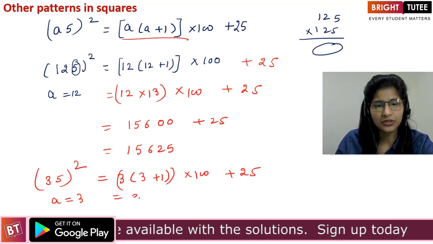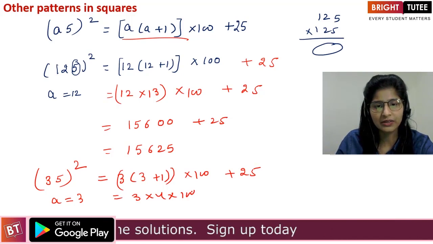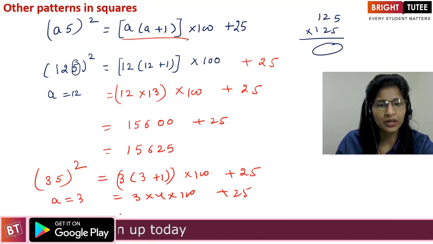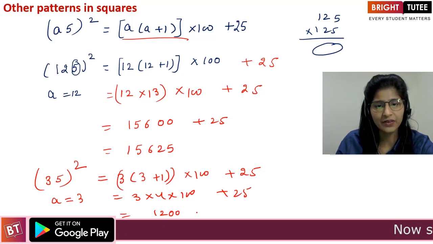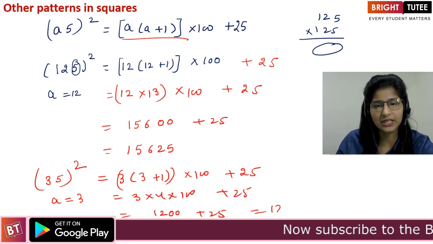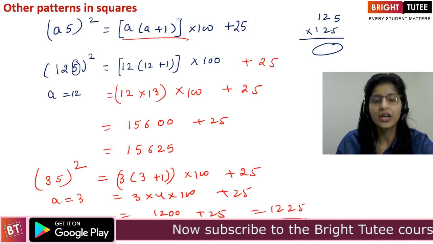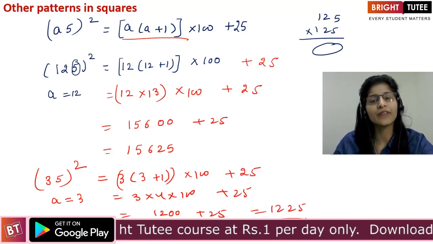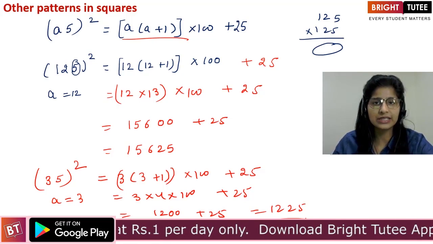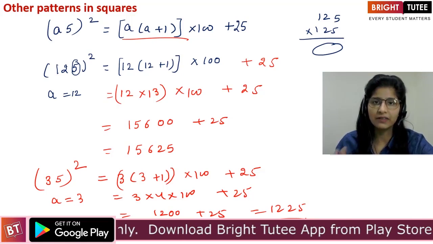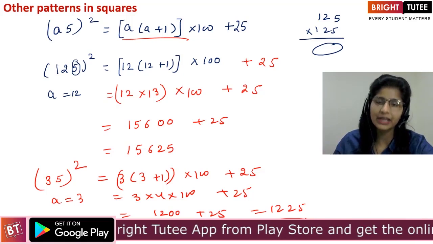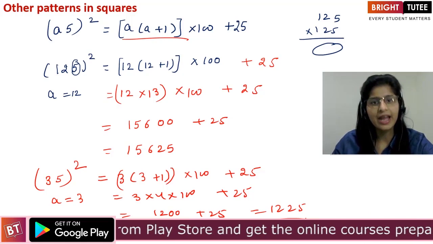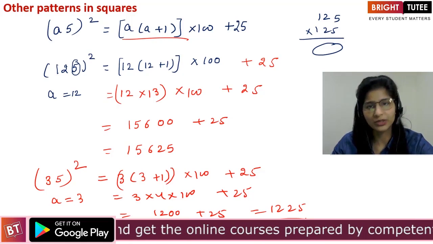So we get 3 into 4 into 100 plus 25. 3 4s are 12. 1200 plus 25 gives us 1225. So we directly get the square of this number. If you have any number whose unit digit is 5, then leaving 5, whatever number is remaining, we consider that as A and apply this formula to find out the square of it.